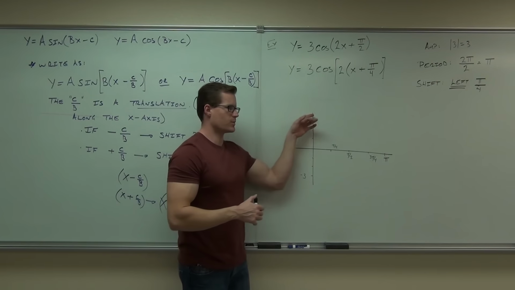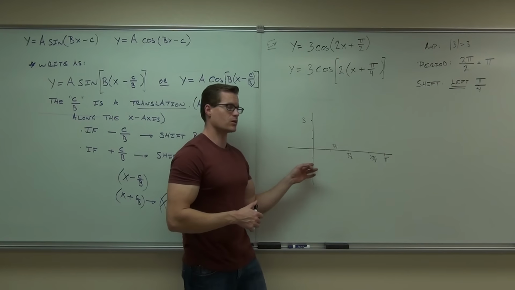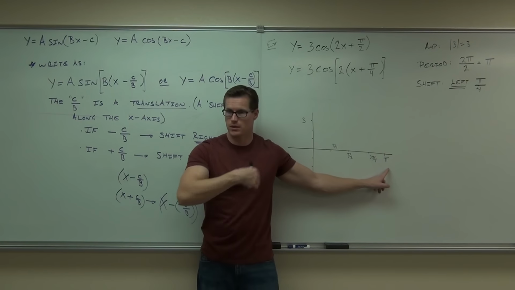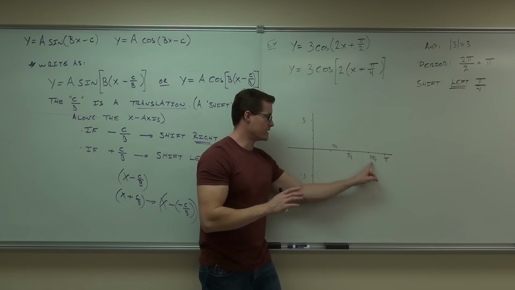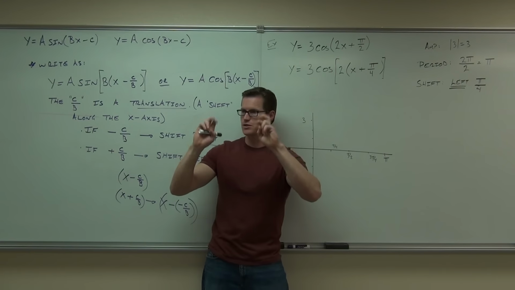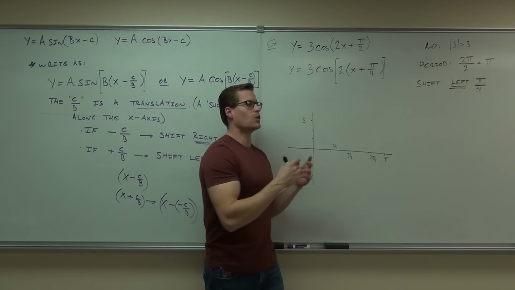Do you feel okay that we're going to be going up and down to 3? Do you feel okay that we're going to complete a complete cycle in pi time, in the interval of pi? Do you feel okay that we need those numbers because that's where the interesting stuff is going to happen? Yes, no? Yes, okay. So let's figure out what this is.